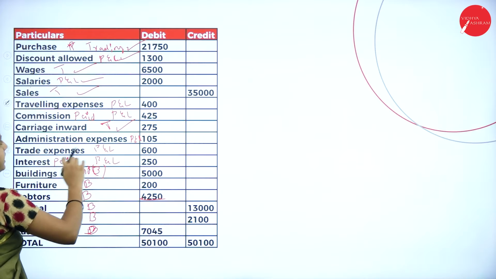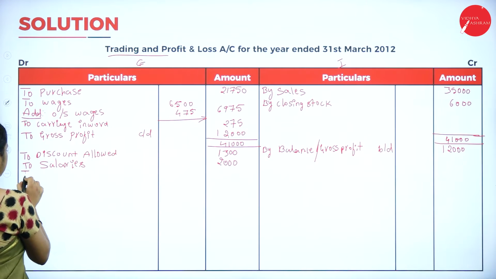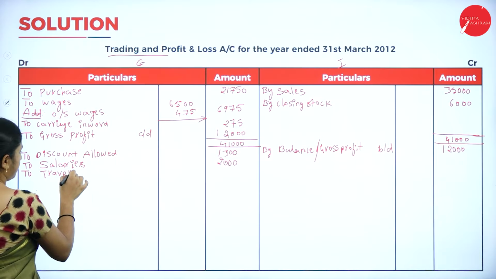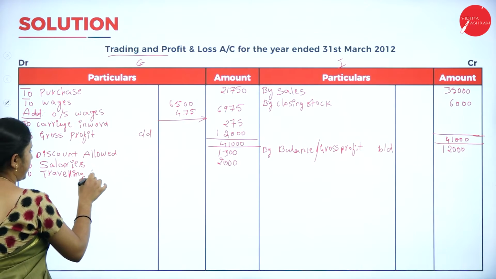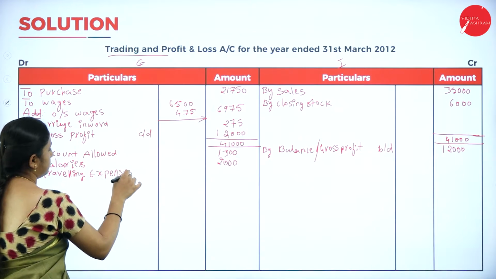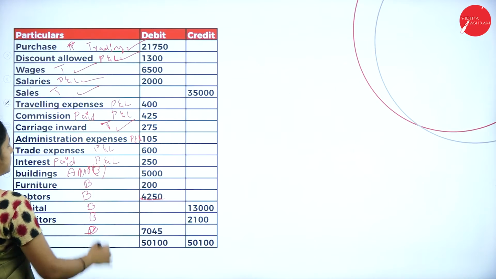Then traveling expenses. Write on the debit side, traveling expenses 400. To traveling expenses 400.